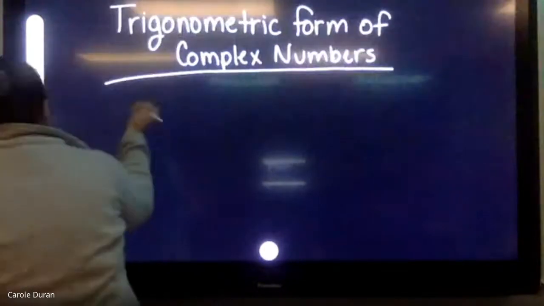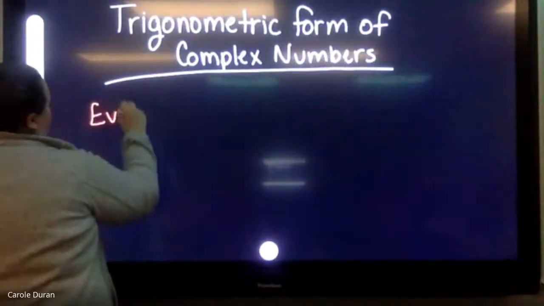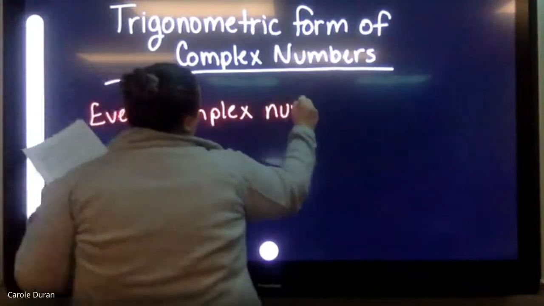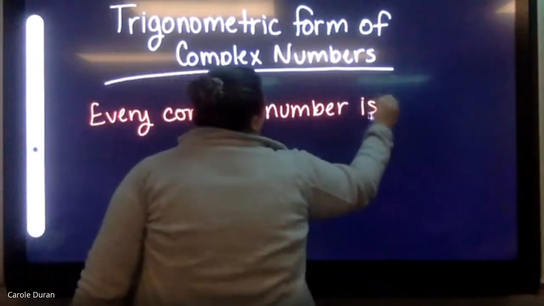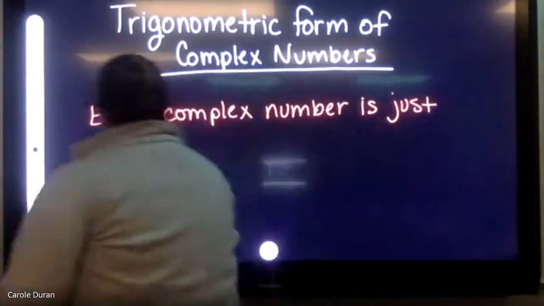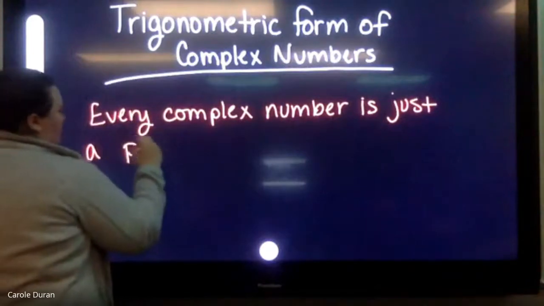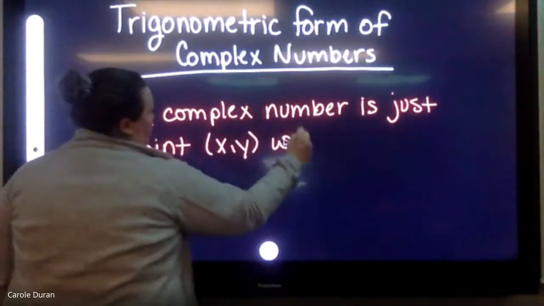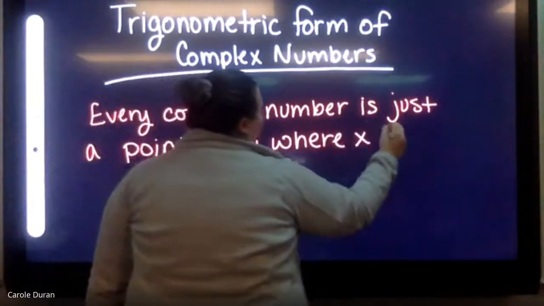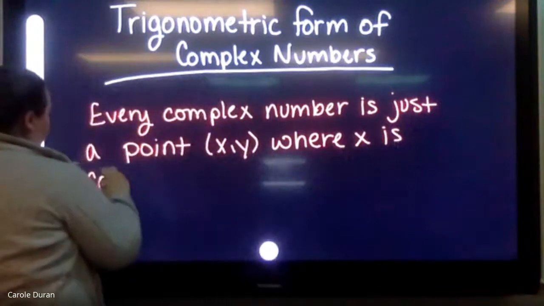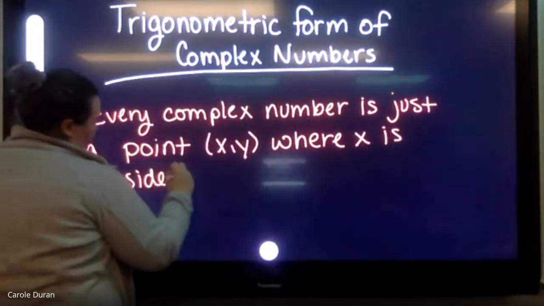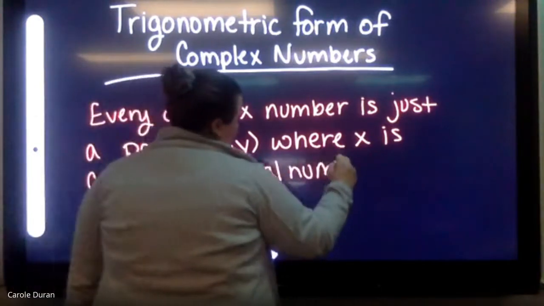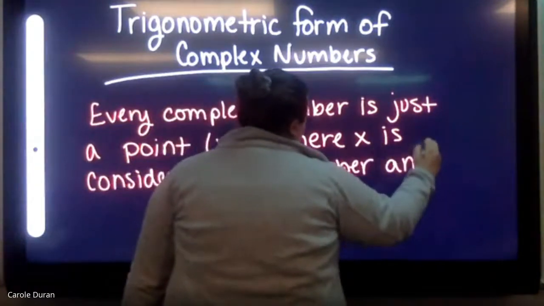So any complex number is just a two-dimensional point where x is considered the real number and y is considered the imaginary.